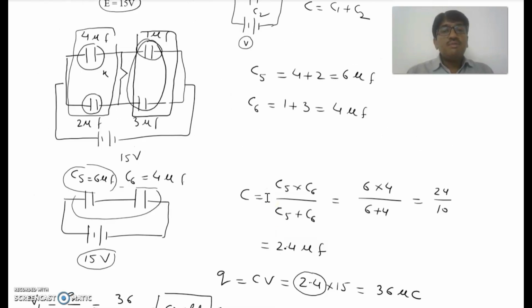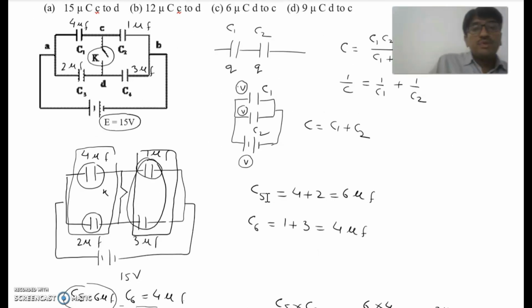We can see that in the circuit there is a charge of 24 microcoulomb flowing in this direction, but the charge across this capacitor is only 9 microcoulomb.